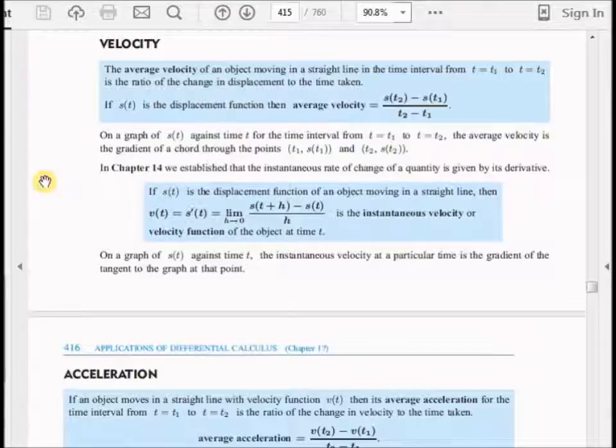When we talk about velocity, the average velocity of an object is the ratio of the change in displacement to the time taken. So the change in displacement to the change in time.